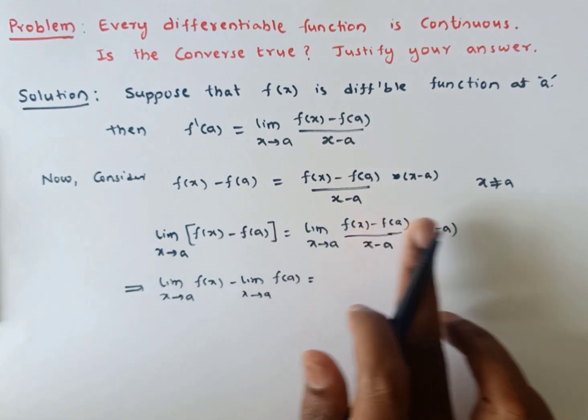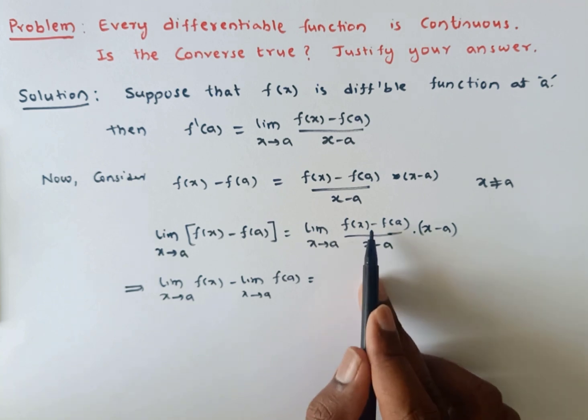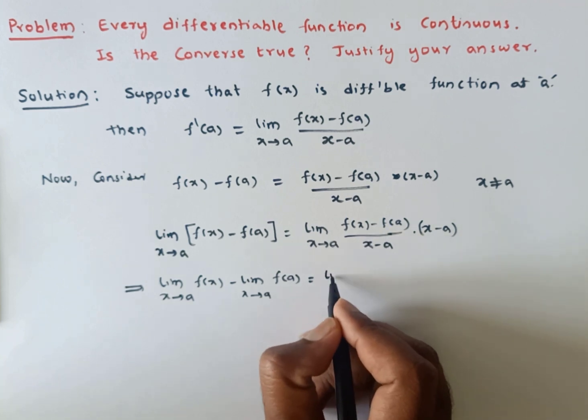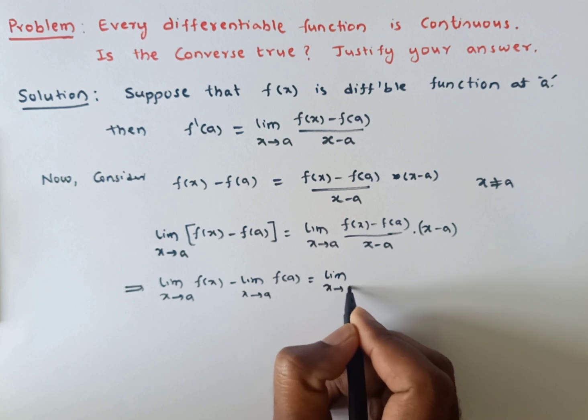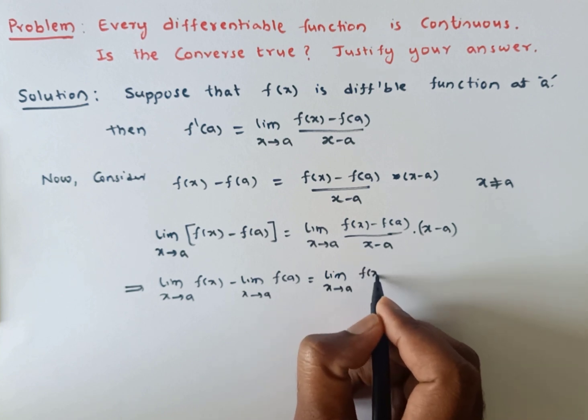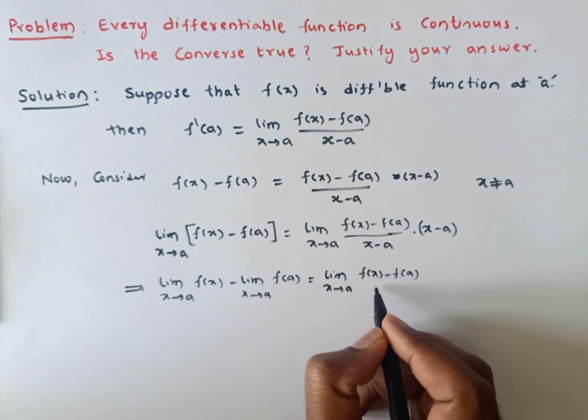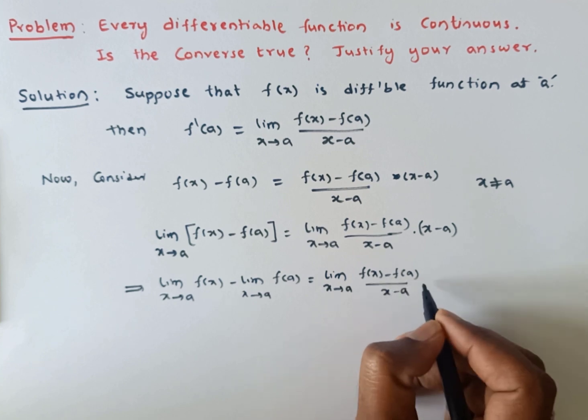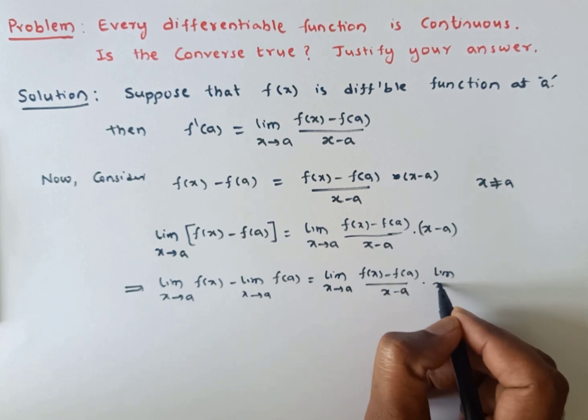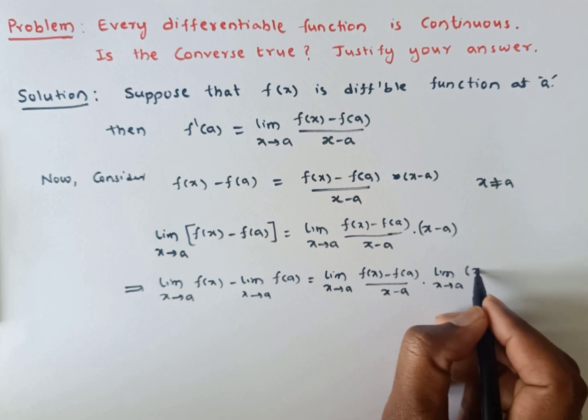In the same way, for the product f of x into g of x, we need to apply the limit to f and g. So this is limit of f of x minus f of a by x minus a into limit x tends to a of x minus a.